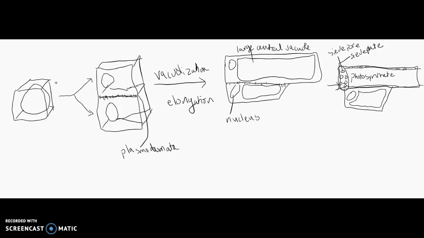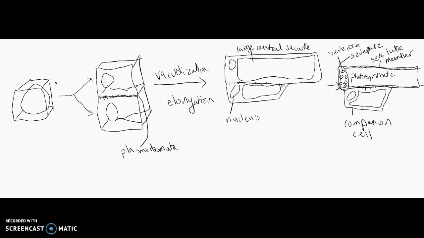The companion cell is really what's controlling what happens within the sieve tube member. So it's kind of the controller of what you could probably consider a zombie cell now. It has no nucleus, so it's being completely controlled by the companion cell.